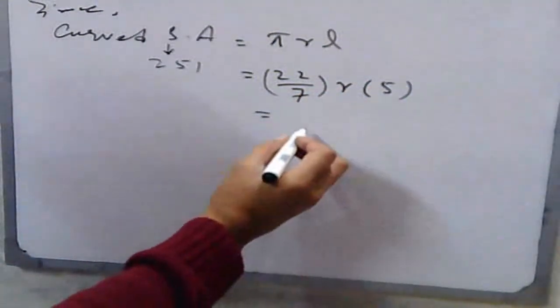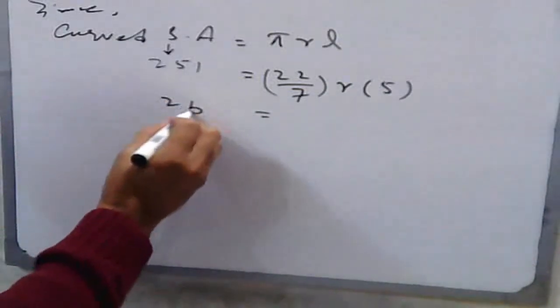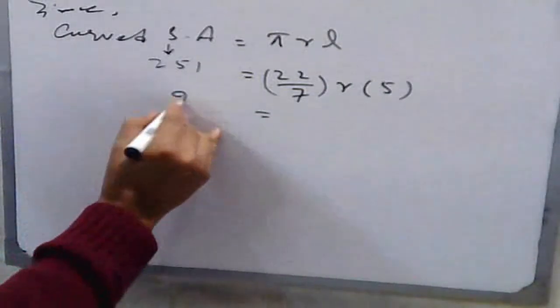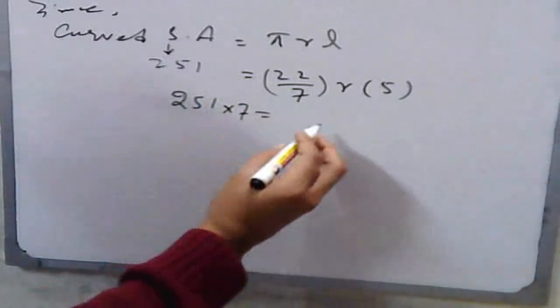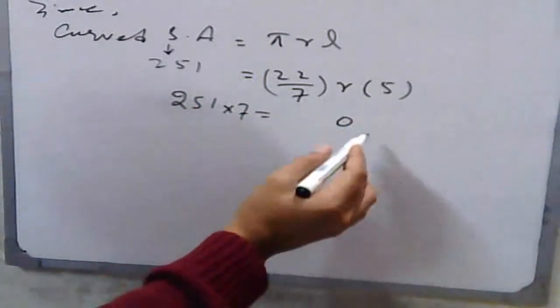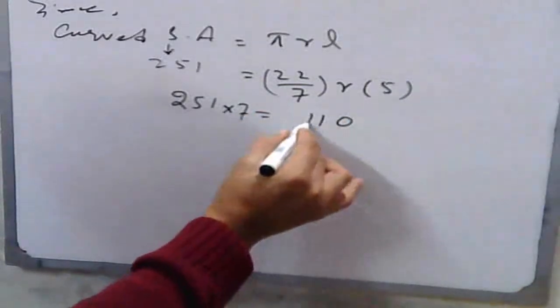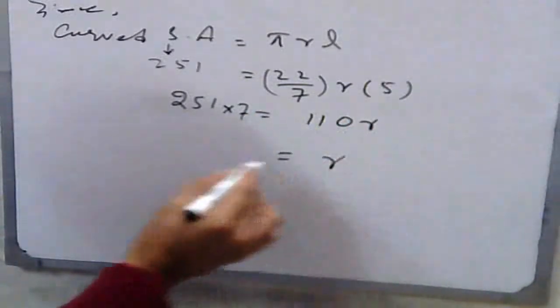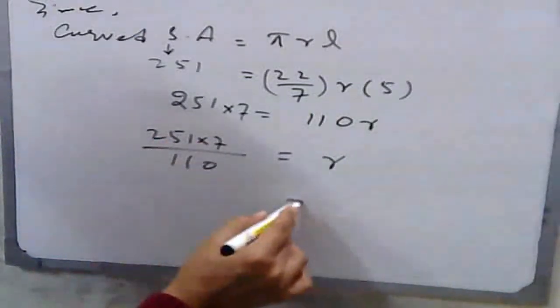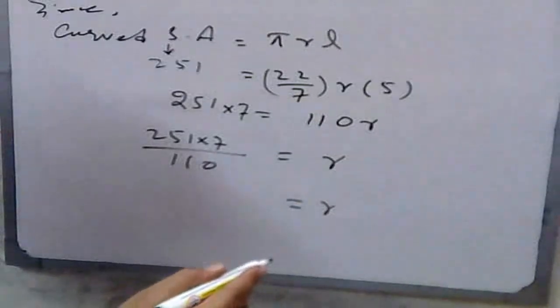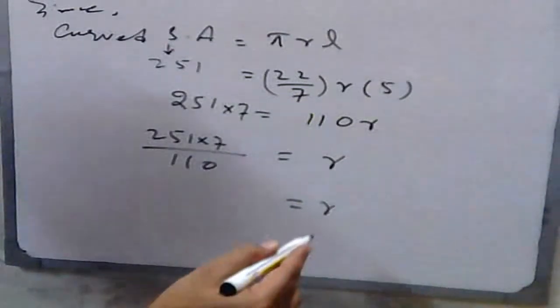So you can write 251 multiplied by 7, divided by 22 times 5, that is 110.